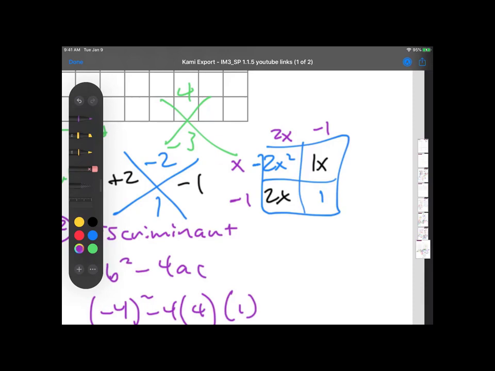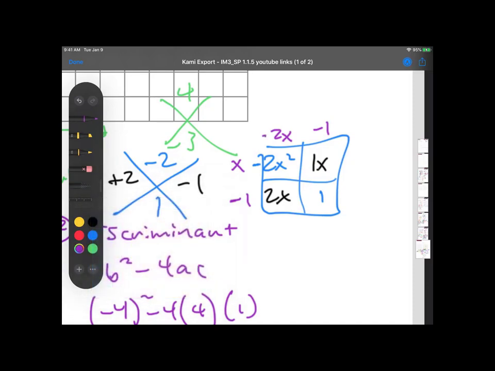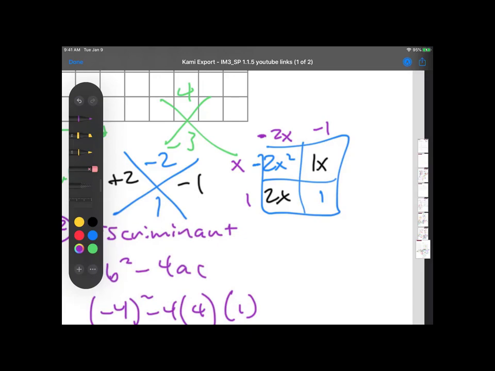Let's make this one negative. Negative 2x times x is negative 2x squared. Nope, it has to be positive. And then let's change that to a positive one. I don't think this one's factorable.